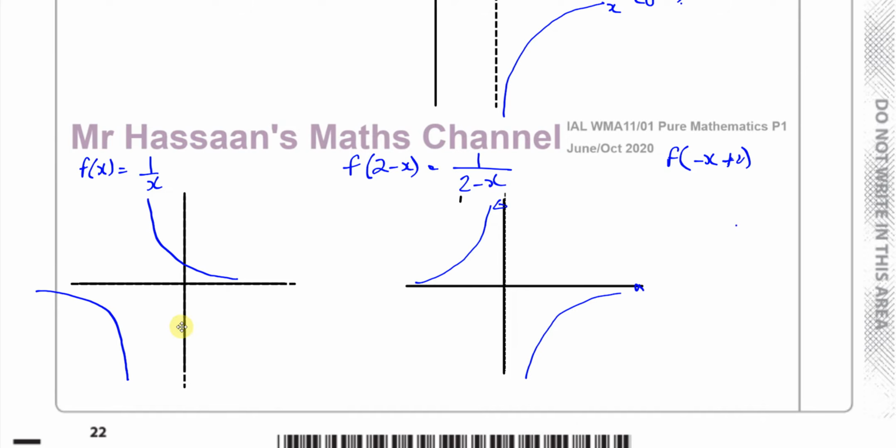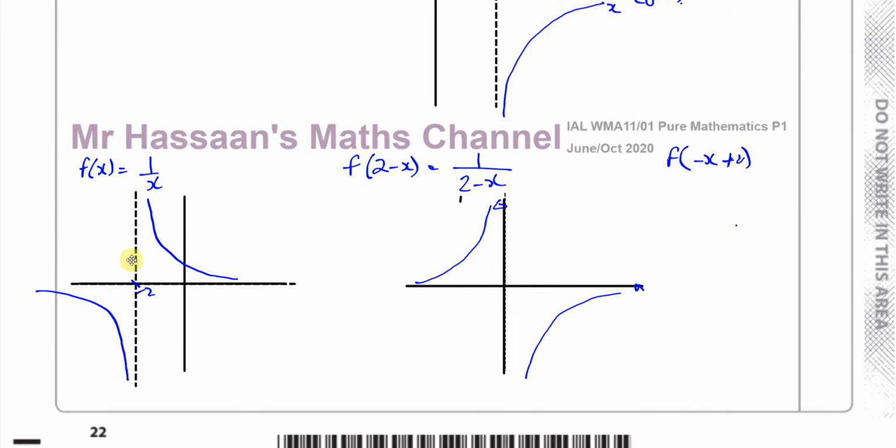So the vertical asymptote goes to minus 2. That's the first thing that happens. And then you have to multiply all the x coordinates by minus 1, which means all the x coordinates change their signs. So the asymptote ends up at 2.